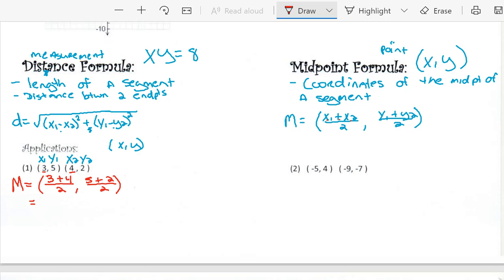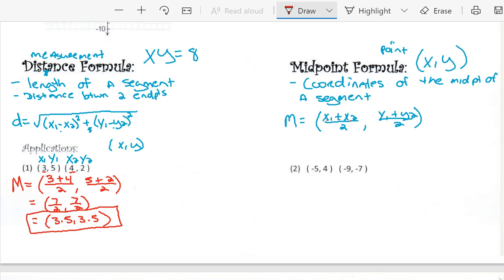Continue with the math here. So 3 plus 4 is 7 over 2. And 5 plus 2 is also 7 over 2. Now, you can technically leave it as a fraction, so that's fine. But because it's a point and we have to plot it, I normally prefer to get a decimal for these just because I know what I'm plotting. But again, you can leave it in fraction form as well. So that is how we get the midpoint. Pretty straightforward.